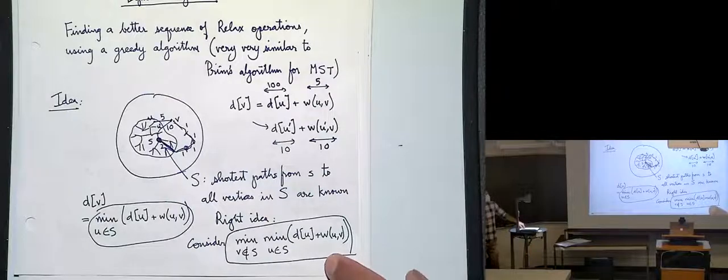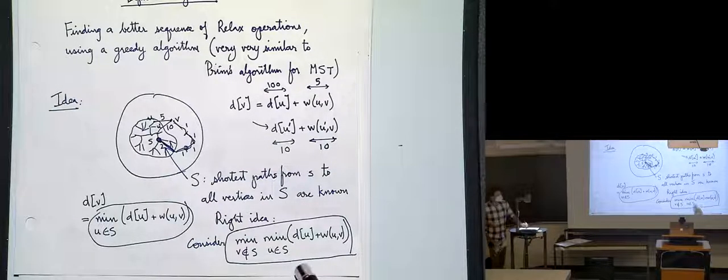Because every time you compute the argmin, you find one more edge in the tree, and you only have to do this n or n minus 1 times, and you'll get all the edges of the shortest path tree. But the question is, how do you compute this efficiently? You don't want to repeatedly scan over everything. So what we'll show is that if you maintain a priority queue, a binary heap, the right way, then it's easy to compute these things. In log n time, you can get the next one.